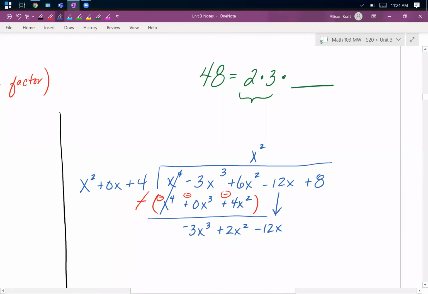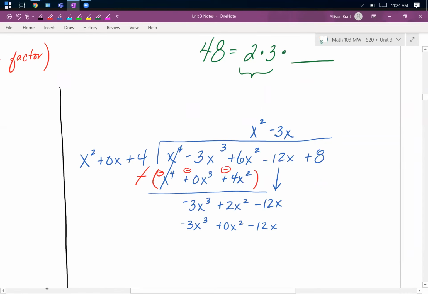And we do it again. x squared goes into -3x to the 3rd -3x times. Multiplying back, we get -3x to the 3rd plus 0x squared minus 12x. We'll subtract this whole thing, distributing in our negative.